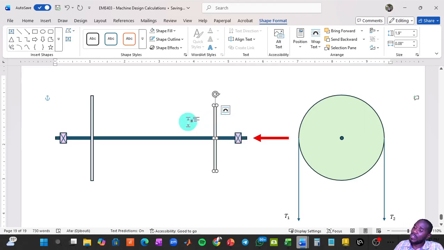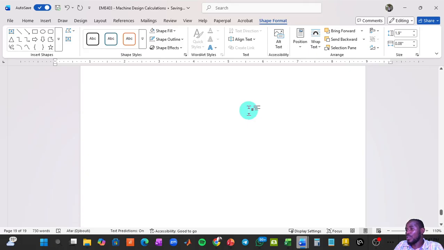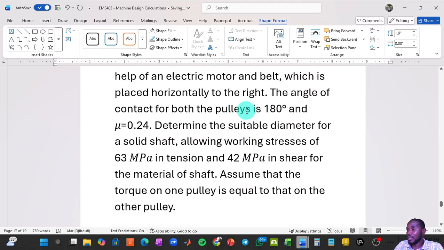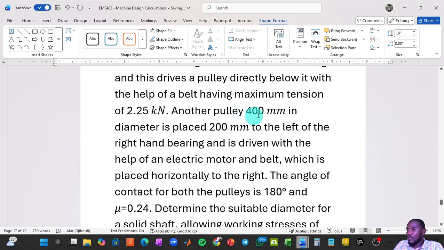We move towards the left, and it's a distance of 200 millimeters from that bearing. Okay, what else does the question say? 400 millimeters in diameter is placed 200 millimeters to the left of the right hand bearing and is driven with the help of an electric motor and belt, which is placed horizontally to the right.